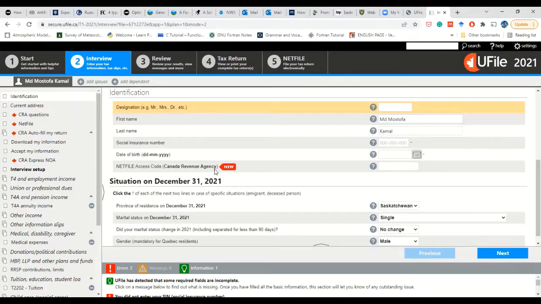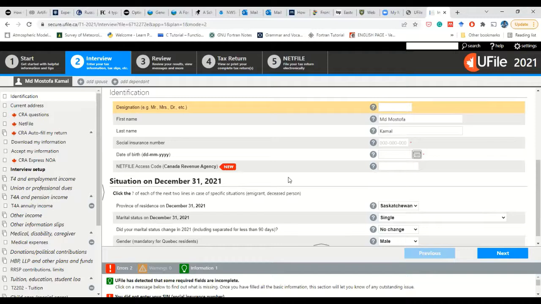Okay, Canada Revenue Agency. So this is a question. Actually, I received an email yesterday. One student is asking me, where can I get this net file access code from the Canada Revenue Agency? If this is your second year of tax return, that means you submitted your tax last year. It could be you got some help from H&R Block or from outside.